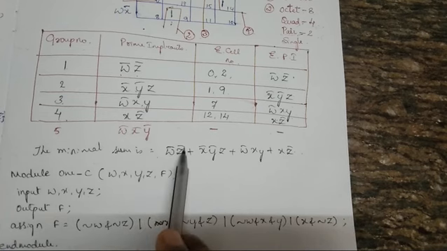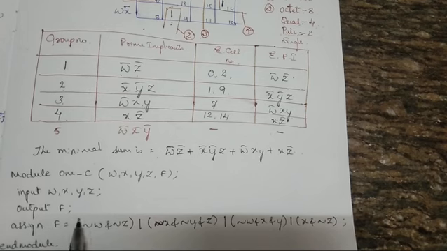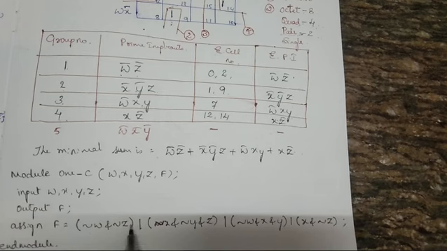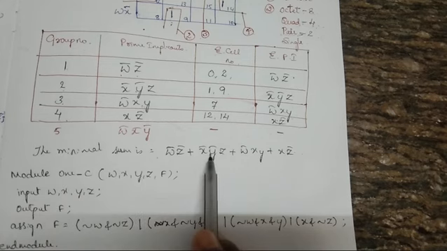Since it is the first term to be evaluated, I have used brackets. I have already explained the order of precedence of these symbols, so you can go through that also. Then the OR symbol has to be used, the symbol for the OR gate. Next, this is the expression we have written in the code for this term, and likewise for this one.